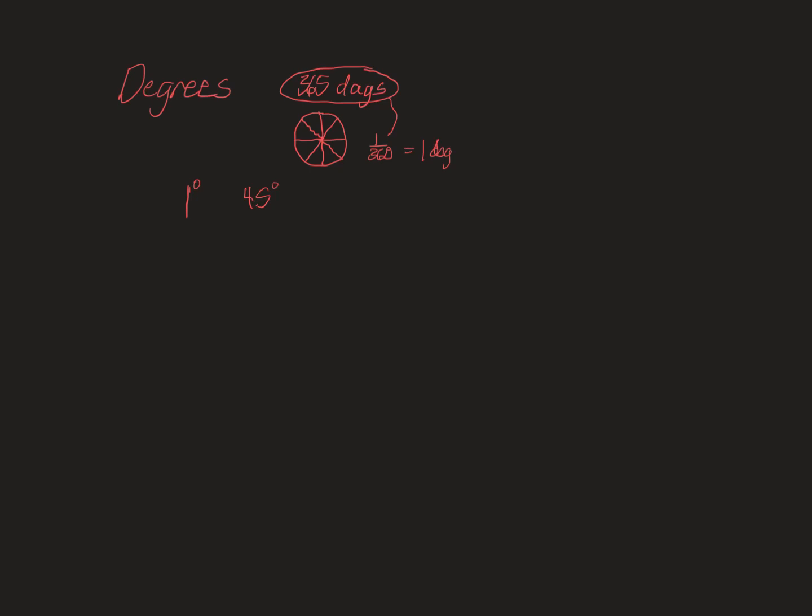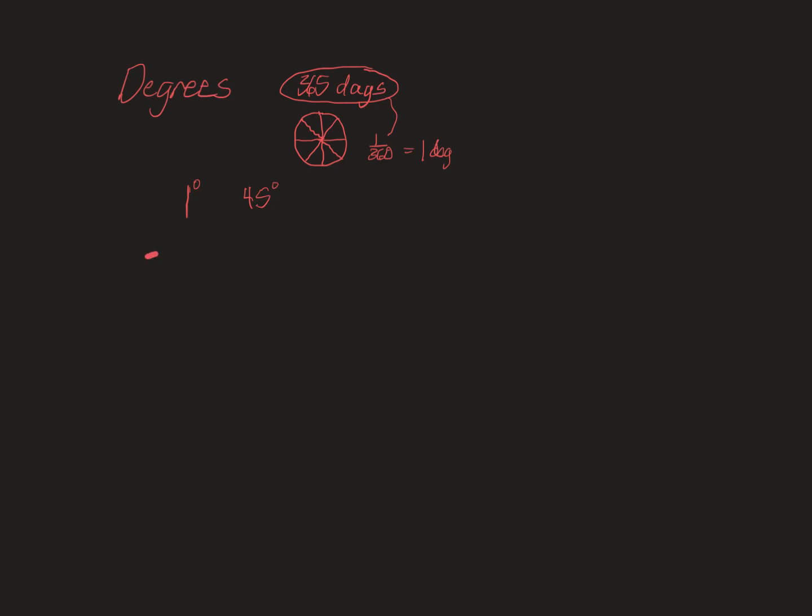And again, based on time, the ancients took the degrees and they divided them into 60 minutes. And then what are called 60 seconds beyond that. And so you can write a degree like this.